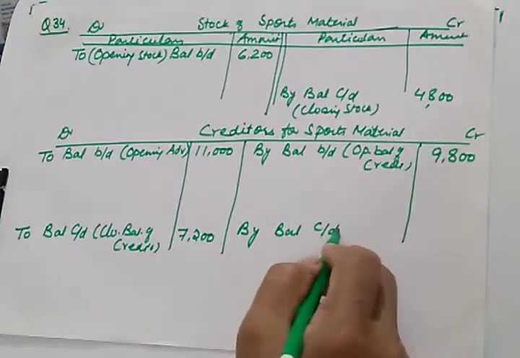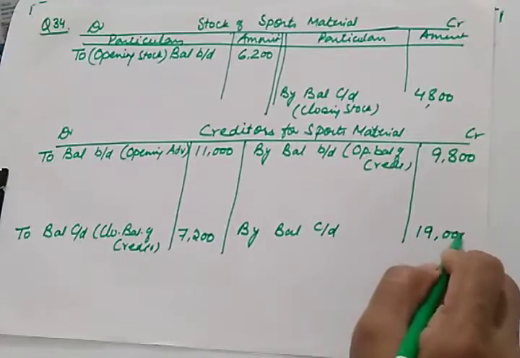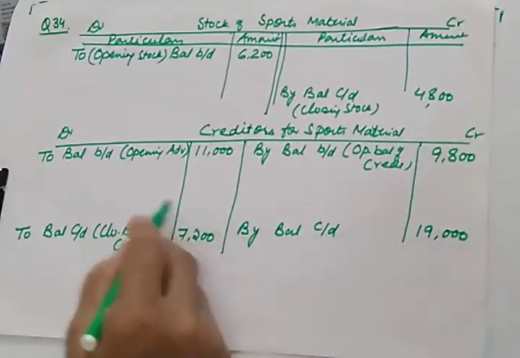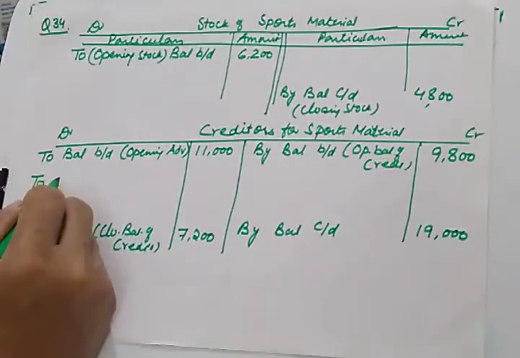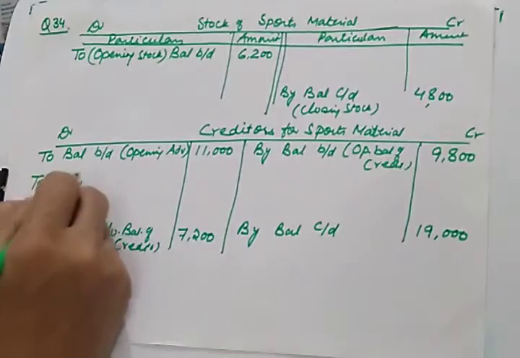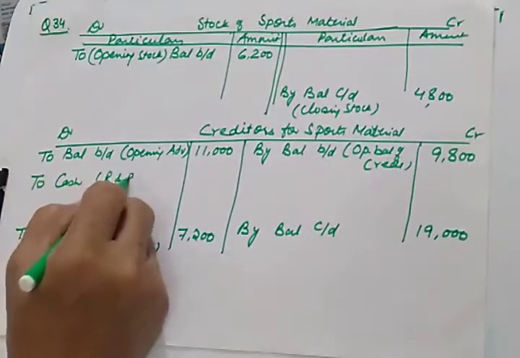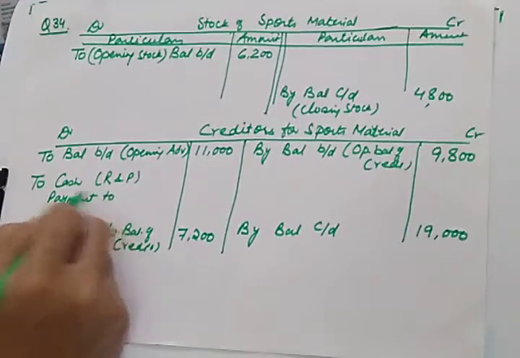Balance carried down, closing advance is 19,000. And after that, amount paid during the year, payment to supplier. So payment to creditors during the year is by cash, and this we got through receipt and payment. So these are the payments to suppliers during the year.